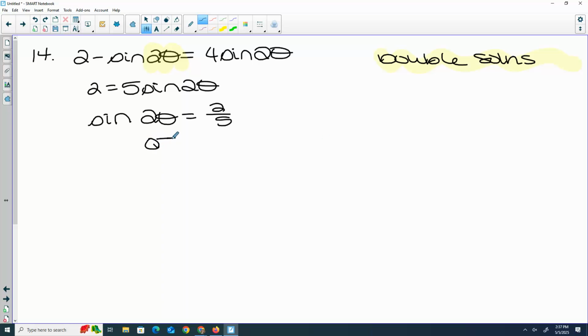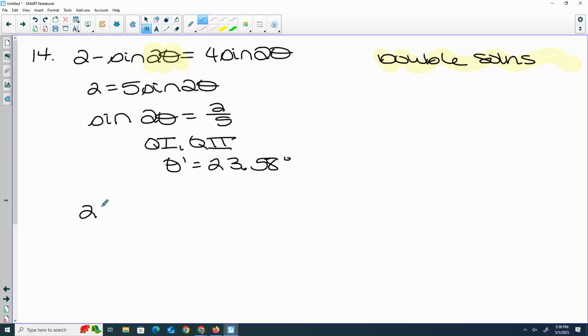Quadrants, sine is positive in 1. Reference angle: do we know when sine is 2/5? No. So if we don't know it, we do the inverse, so that's sine inverse of 2 over 5, and that would be 23.58 degrees.